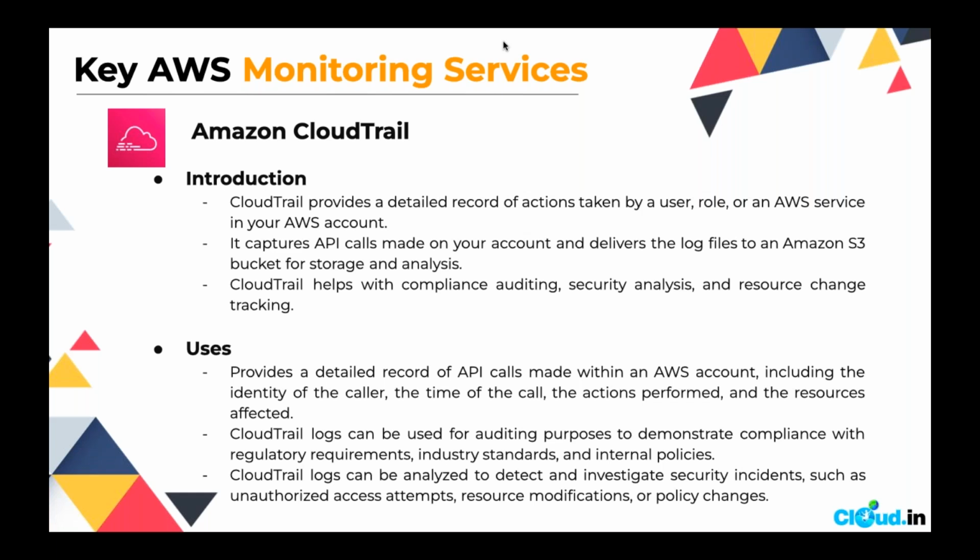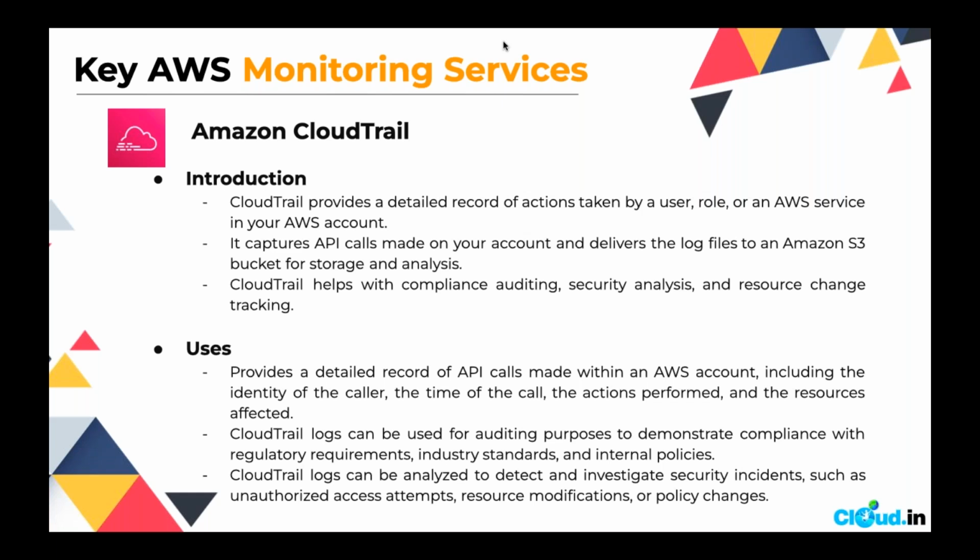When CloudTrail is active in your AWS account, you can enable it for logging, and when activity occurs in your AWS account, that activity will be recorded in a CloudTrail event. CloudTrail also has some basic features like event history.